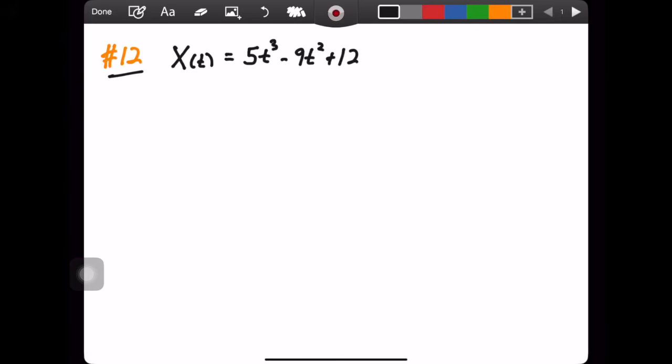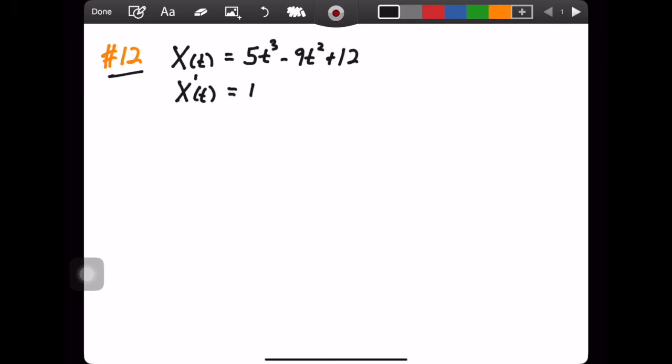Now it turns out that if we take the derivative of x as a function of t, which is sometimes called x prime, so x prime of t is going to be the derivative of x as a function of t. And so the t cubed, the 3 is going to come down, multiply by the 5, and it's going to result in t squared.